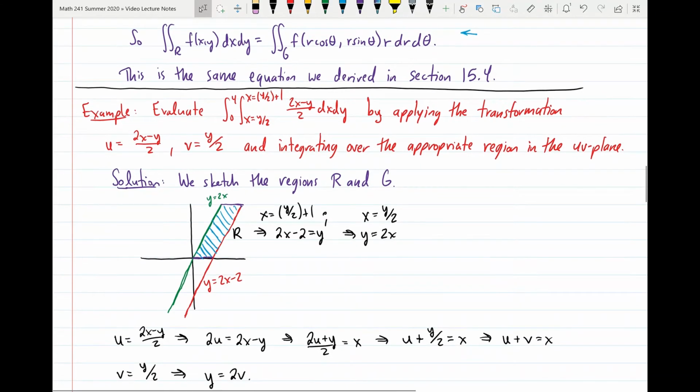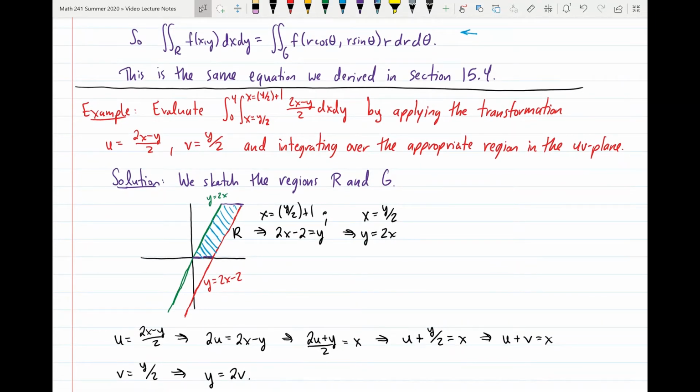Okay, so now let's move into an example that's in unknown territory. So this won't have to do with polar coordinates or spherical coordinates. We're going to just use this method that we just developed here. So let's say we want to evaluate the iterated integral where we have the integral from 0 to 4 of the integral from x equals y over 2 to x equals y over 2 plus 1 of 2x minus y over 2 dx dy.